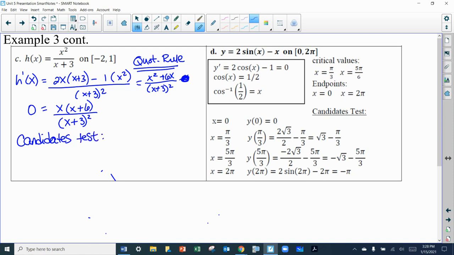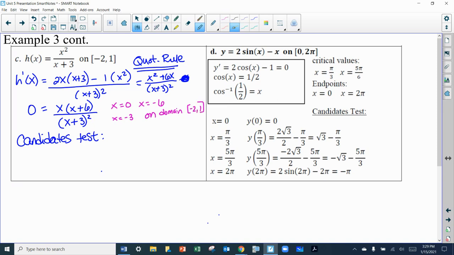And for that, I am going to list out all of my candidates, which I guess I didn't complete, did I? So off of this, we get x equals 0, x equals negative 6, and from the bottom, I get x equals negative 3. Now we note that this has to be on the domain of negative 2 to 1, right?